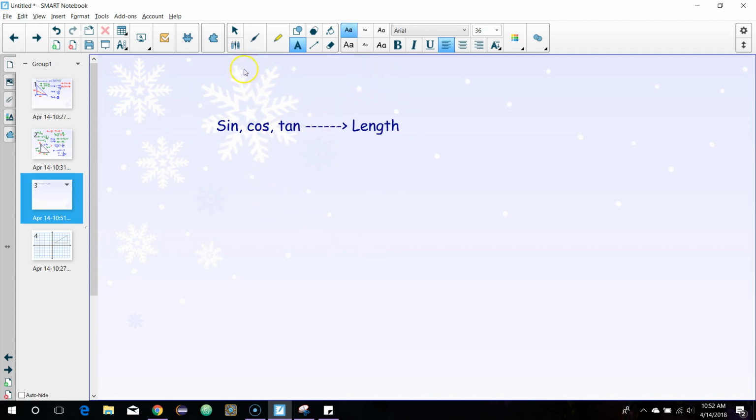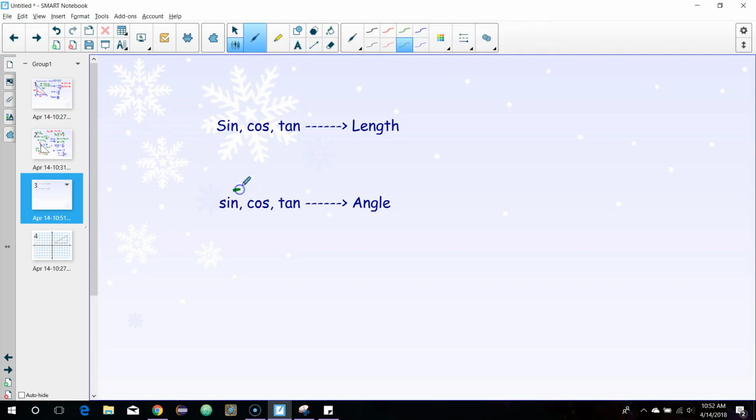And if you want to find the angle measurement, that's when you have to use the inverse. Okay, these two are very important. A lot of people mix that up, so don't make that mistake.